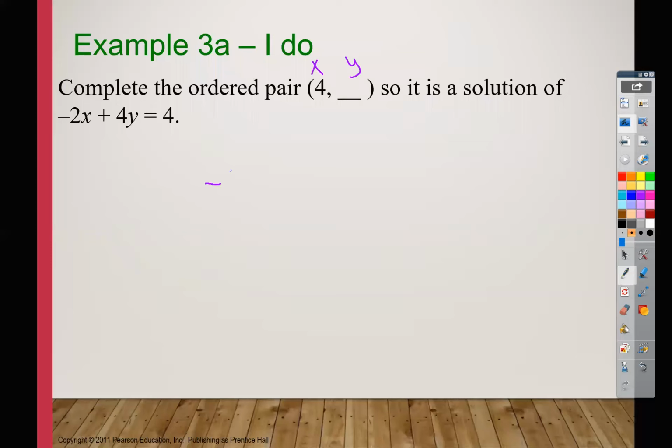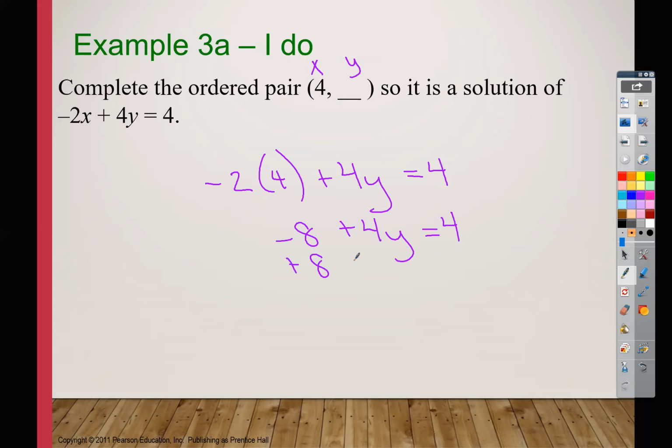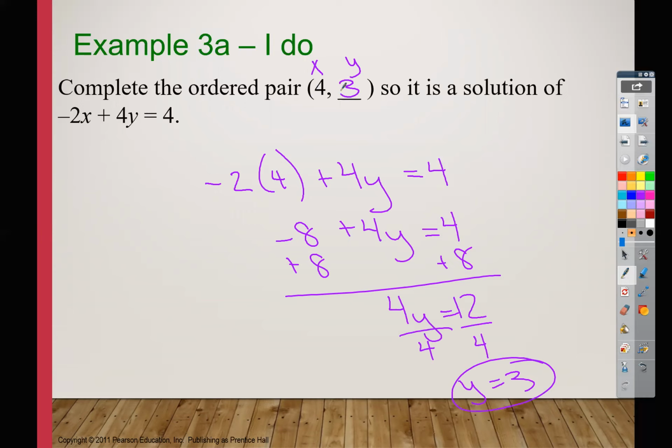So I'm going to go -2 times 4 plus 4y equals 4, and I'm going to solve for y. That would be -8 plus 4y equals 4. Add the 8 to both sides, so you get 4y equals 12. Divide by 4, and you get y equals 3. That is how you would complete the ordered pair.